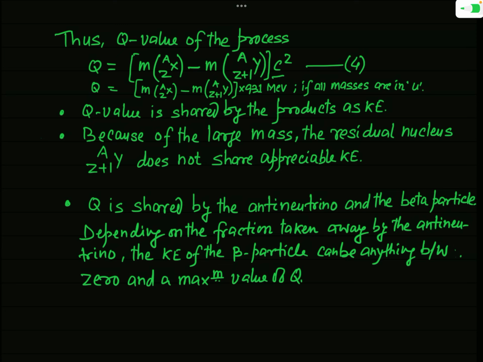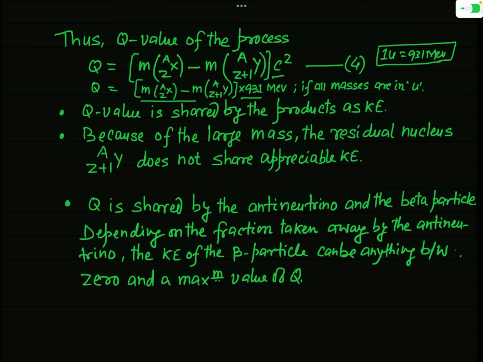Now, you know that 1 U or 1 AMU is equal to 931 mega electron volt. You definitely have an idea of it. 1 U is equivalent to what? 931 mega electron volt. So if in this equation 4, all the masses present are in the unit of U or AMU, then we will simply multiply this difference of mass by 931 to get the Q value.